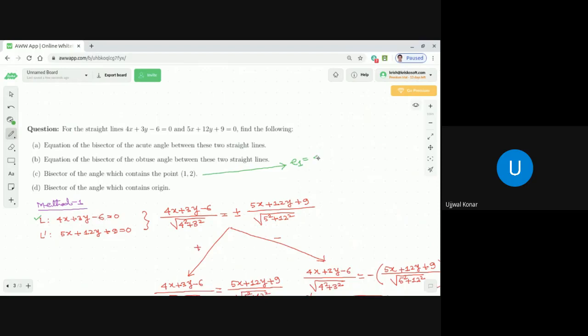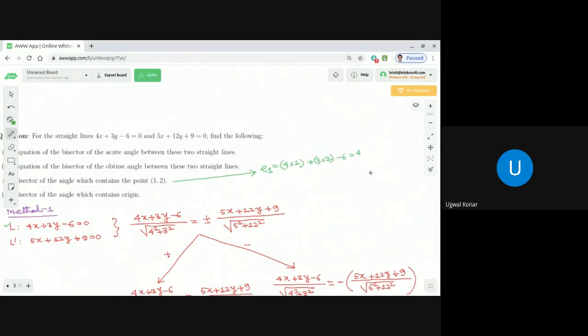So that is equal to 4 into 1 plus 3 into 2 minus 6. That is equal to 4, which is greater than 0.